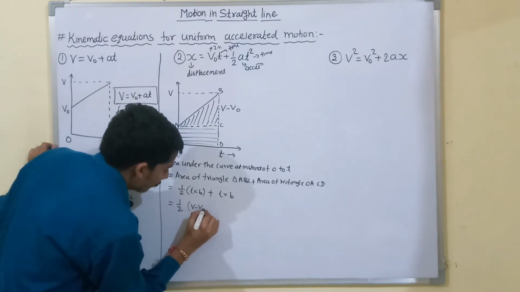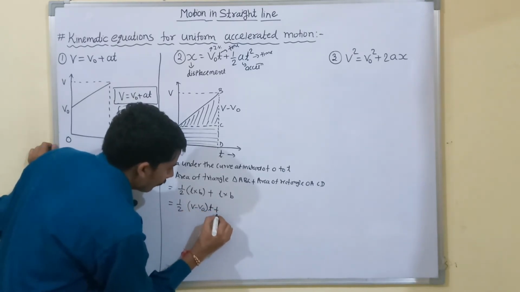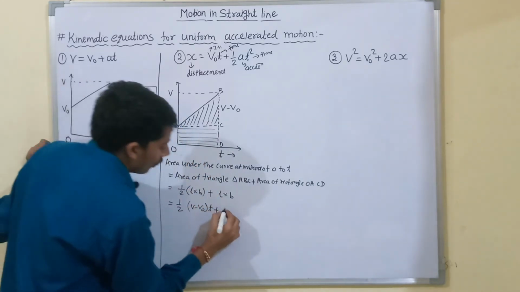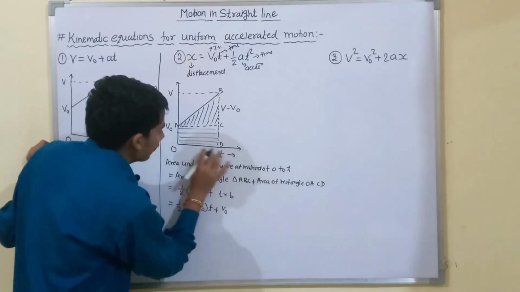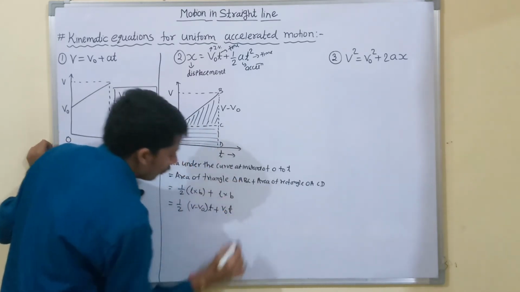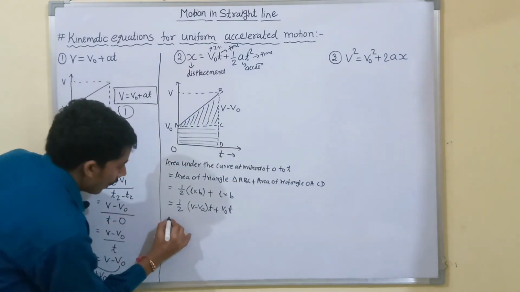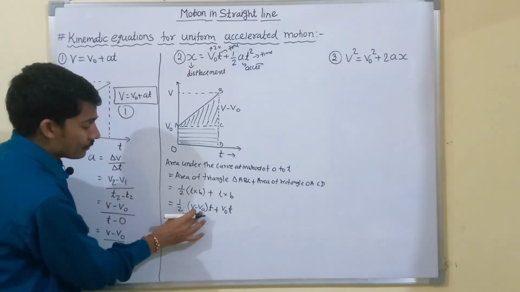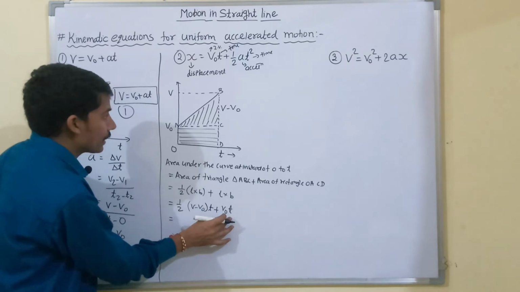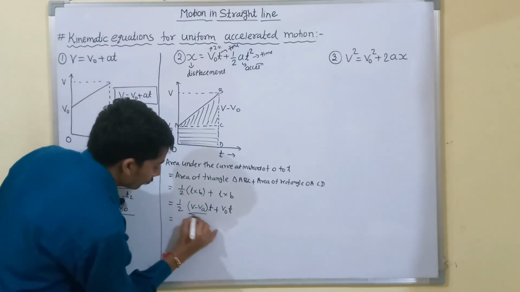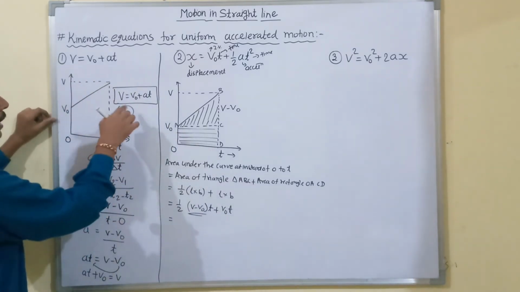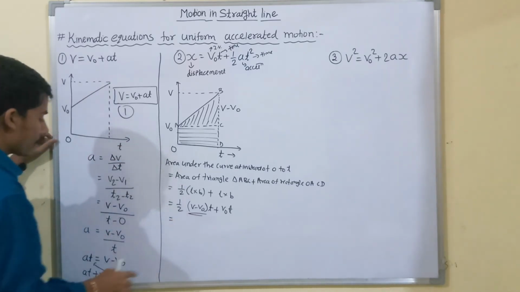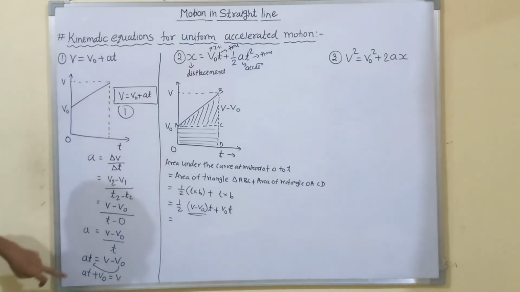So it is 1 by 2 v minus v naught into t plus v naught into t. Now we know the value of v minus v naught from here.